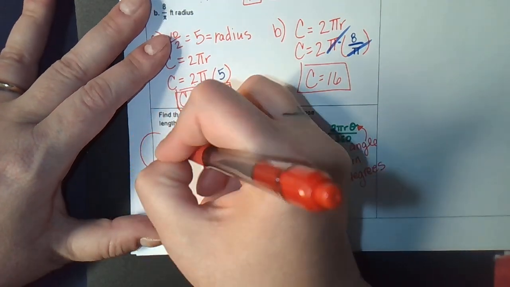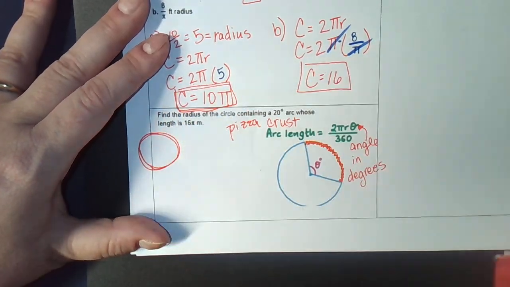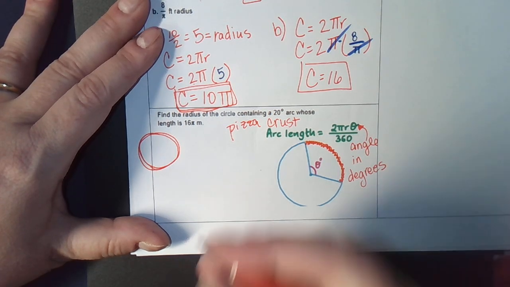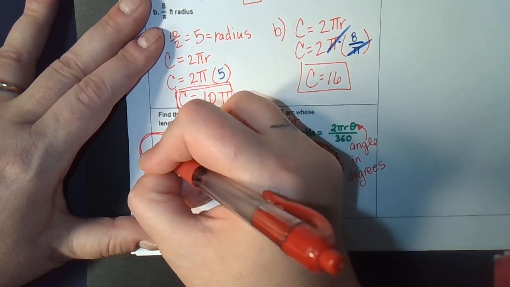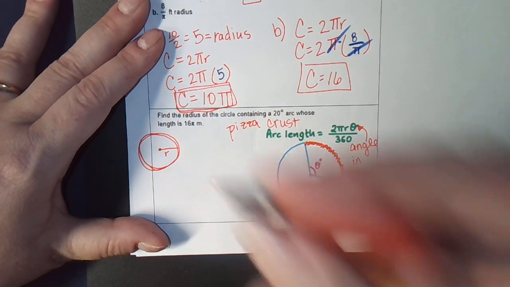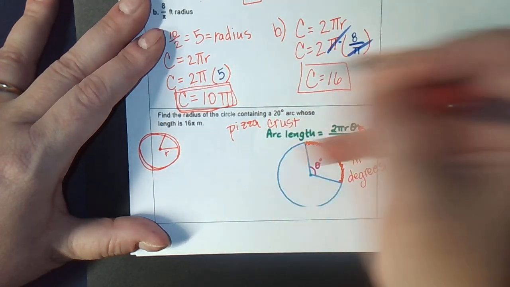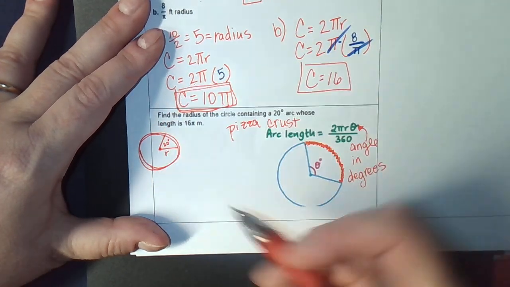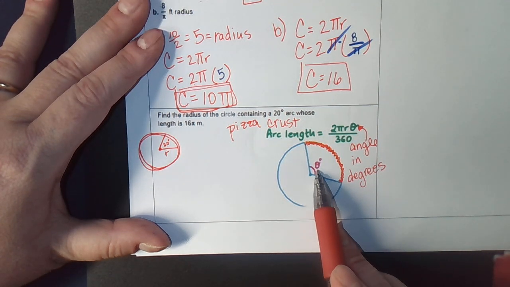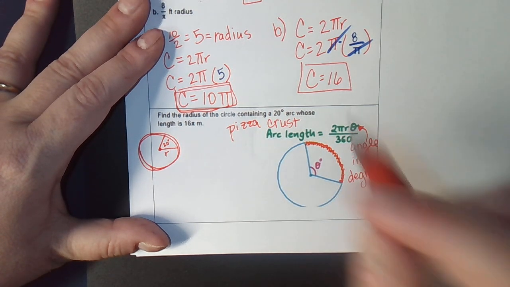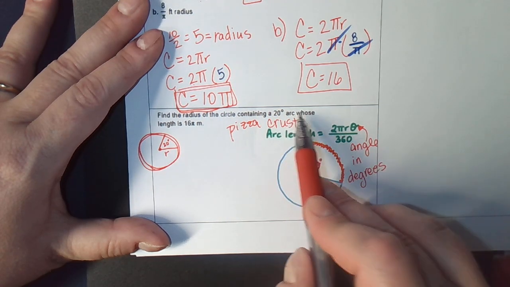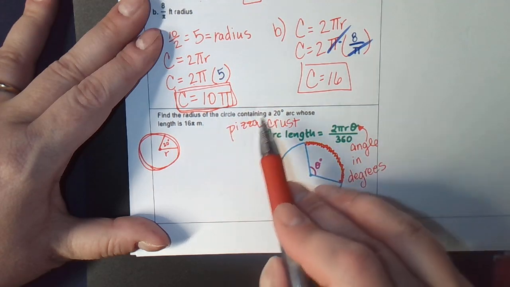Okay, so we got a circle. Its radius, we don't know. The section that I make has a 20-degree angle inside.